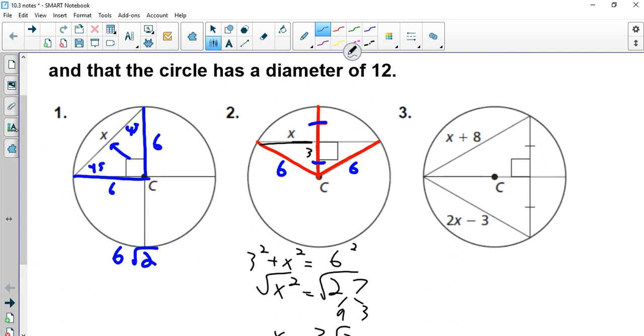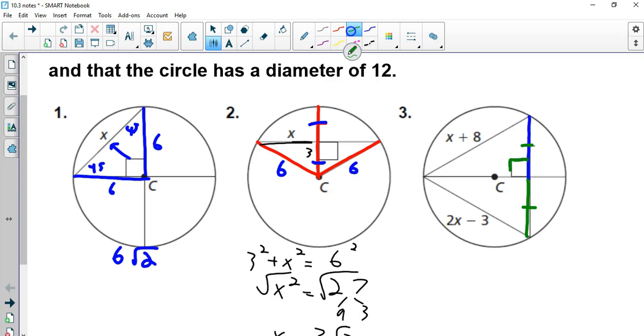Now, on number 3, it is interesting because it actually would be very easy to prove right off the bat based on where we're going in this section. But we don't have that yet. So if we look at this, we know this piece right here is the same as this piece because of the hash marks.